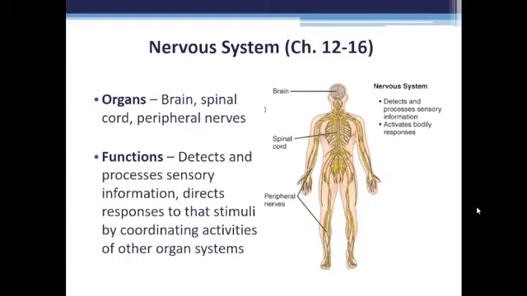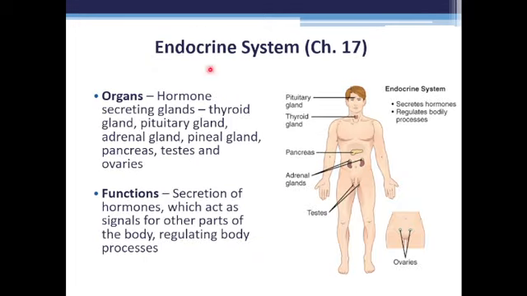All right. Next is the endocrine system, chapter 17. Some of the organs are secreting glands. Where is it? Here we go, glands. We have the thyroid gland, pituitary gland, adrenal gland, pineal gland. We also have the pancreas.